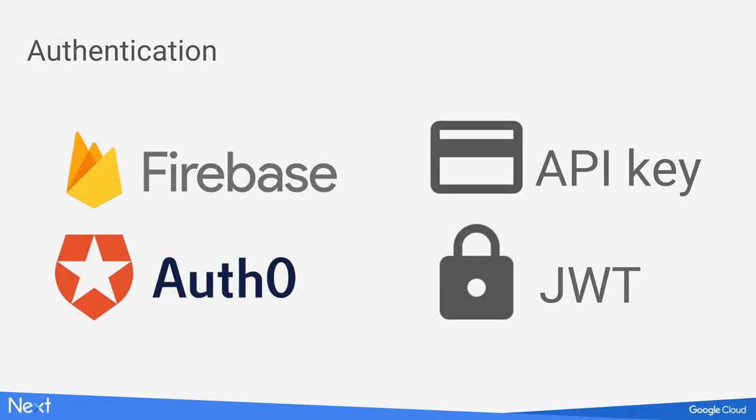There are 4 methods that are supported by Cloud Endpoints. There's Firebase, Auth0, there's API keys, and there's JSON Web Tokens, also known as JWT, I've heard, which is crazy. So what I'm going to be demoing today is API keys only, because I think it's pretty interesting.